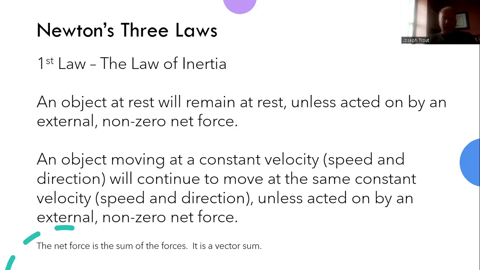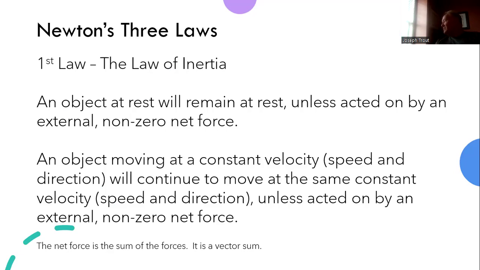However, if you add an extra force, then you can get it to move. It also says an object moving at a constant velocity, and don't forget this is speed and direction, will continue to move at the same constant velocity, speed and direction, unless there's a net force.